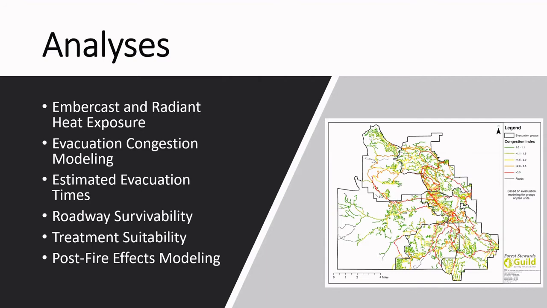And so some of these are analyses that we've included that are brand new to those CWPPs that I showed on the previous screen. So looking at Embercast, looking at evacuation. The map over to the right is a model of evacuation congestion. Looking at roadway survivability.